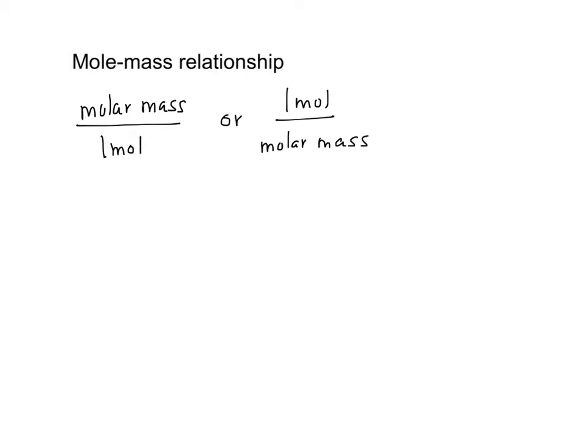Now I'm going to use this left side, molar mass over 1 mole, if I'm going from moles to mass. And I'm going to use this right side if I'm going from mass to mole. Reason why is that if I want to go from my mass to mole, I want my mass on the bottom to cancel. And then here, if I'm going from mole to mass, I want my moles to cancel.